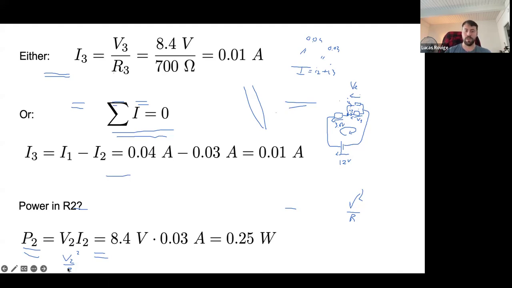These two are going to be the same anyway, but it's your choice, as long as you have the right value. And so here we get that the dissipated power is a quarter watt.